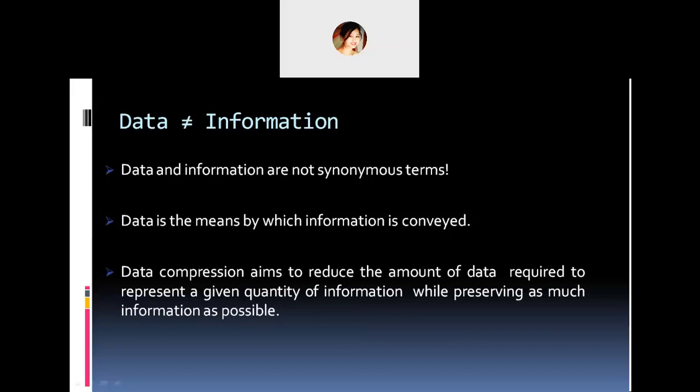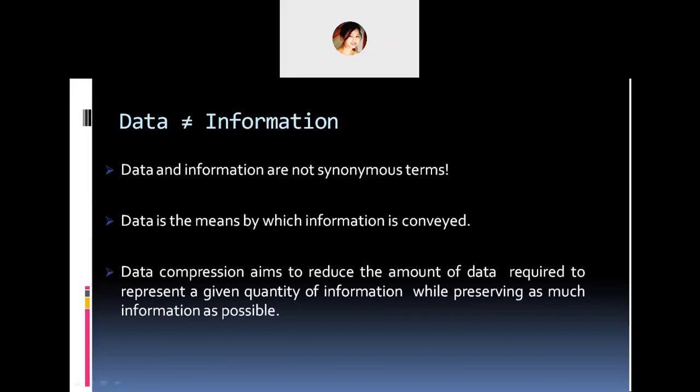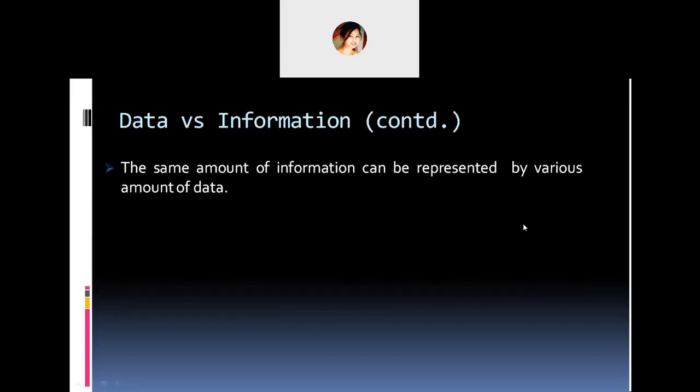Information can be represented by various amounts of data. So data and information are not synonymous, but they are relevant to each other.